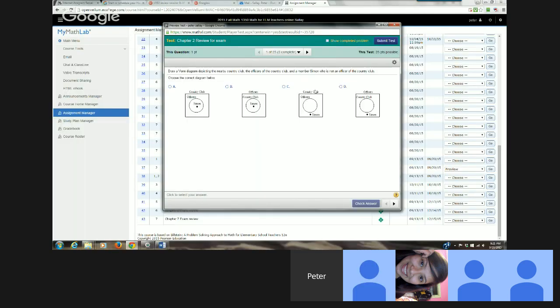And then inside the country club, you've got officers and you've got people who aren't officers. So you'd have an officer circle. So right now A and C are looking pretty good to me. And then we throw in this last fact about Simon, who's not an officer. So he's got to be outside of the officer circle, but inside the country club box. So in this case, C would be the best choice.